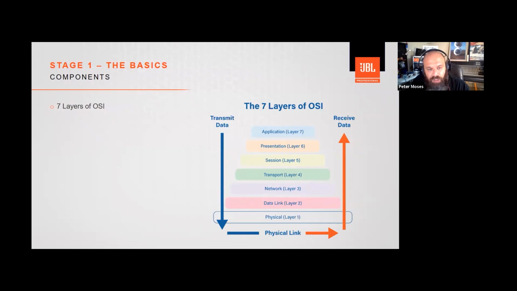As we move forward, to understand the basics of pushing data through a network, receiving data through a network, in this case audio, it's very important to familiarize ourselves with the 7 layers of OSI. The 7 layers of OSI is basically a set of rules, or if you'd like, a model that allows you to understand where your data can start or stop, being the application layer, and where it actually begins, being physical.